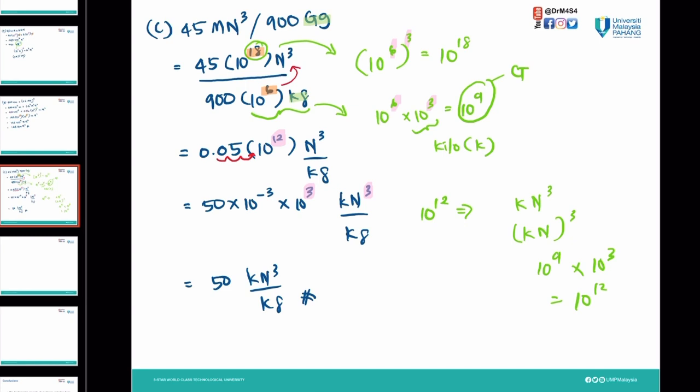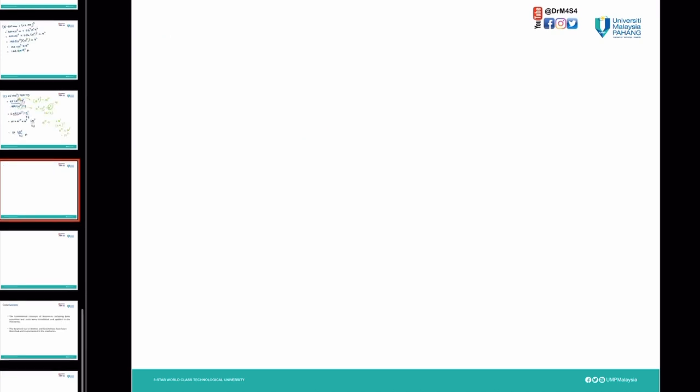So please be careful while you are converting your units, and also use the appropriate prefix. Next, just an extra example, how to convert 100 km per hour to meter per second.